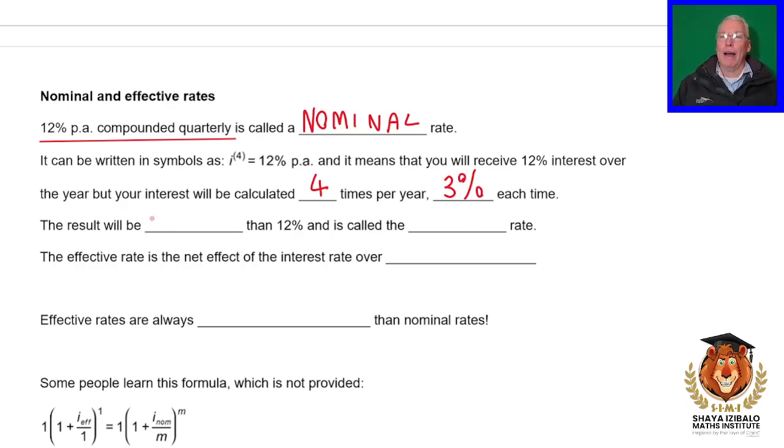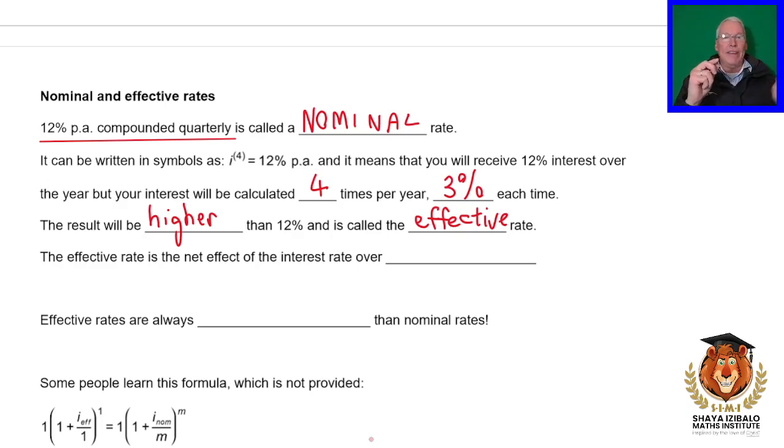The result will be higher than 12%. Okay? And that is called the effective rate. Now let's just understand why we will end up getting more than 12% effectively. If we, instead of getting 12% at the end of the year, get 3% at the end of the first quarter, we've now got a tiny little bit of interest.